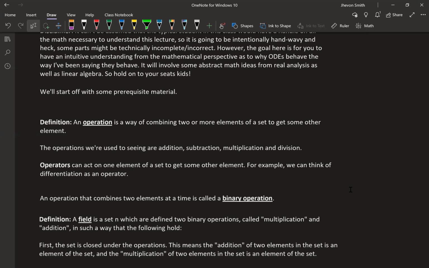It's just an operation. It acts on one thing and then it outputs one other thing. So for example, I can take the differential operator with respect to x, hit x squared with it, and then the result is going to be 2x. So it operates on one polynomial and it outputs another polynomial.